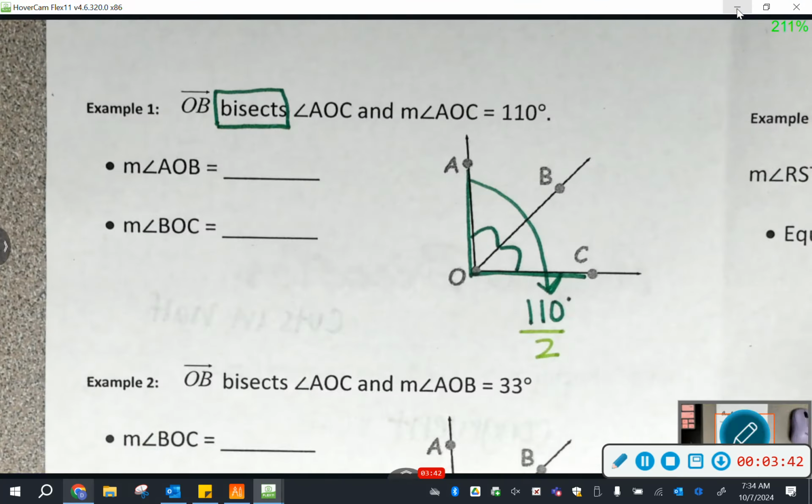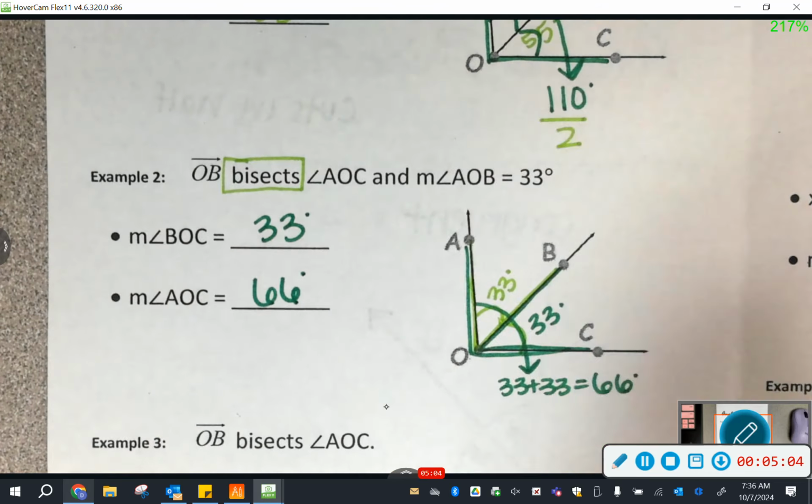BOC is also 33 degrees. Why? Because we have arches. What does that mean? They're the same. What is AOC? What is my whole thing going to be? 33 plus 33 is 66 degrees.